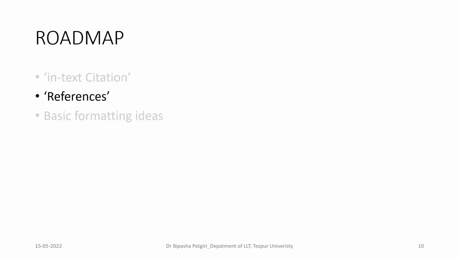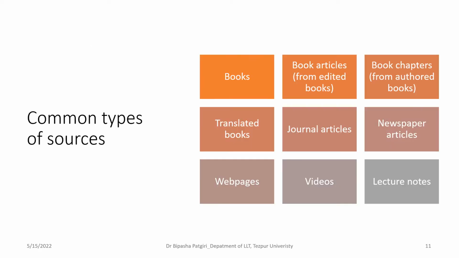Next, I come to the references. This is very important and an integral part of academic writing. You should always pay attention to how to refer to the articles or books or chapters, web pages, etc. How to cite them, how to refer, and how to arrange the references.